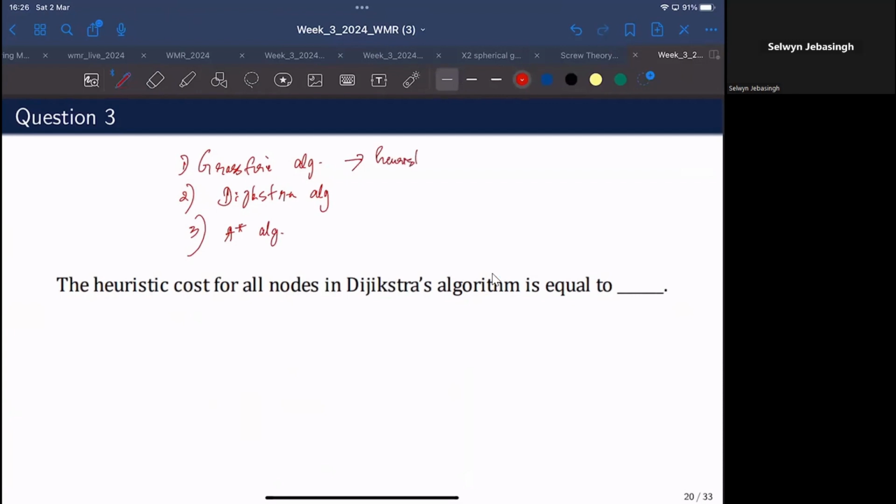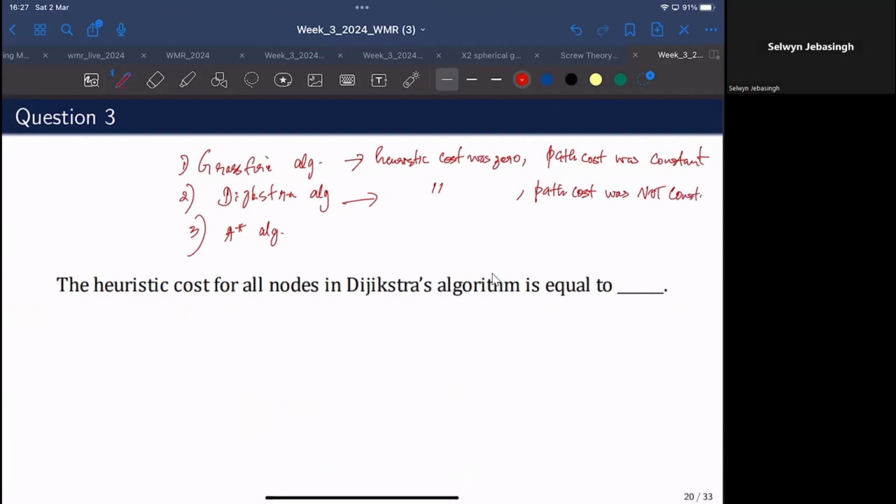Heuristic cost was 0, and path cost was constant. In the case of Dijkstra, again the heuristic cost was 0, but the path cost was not constant.